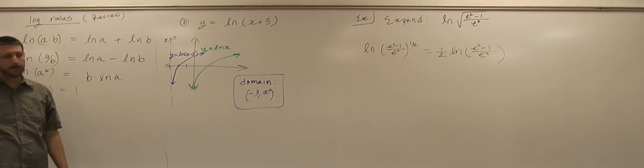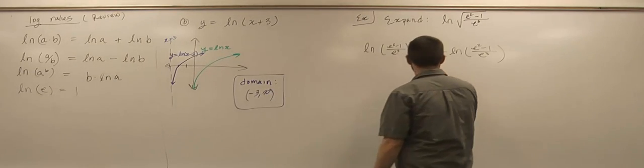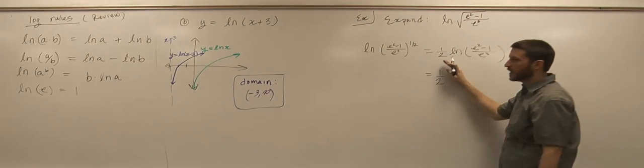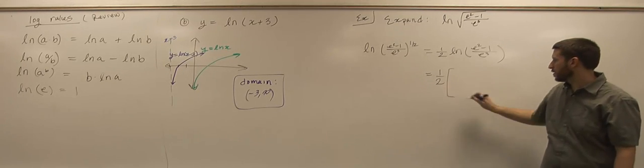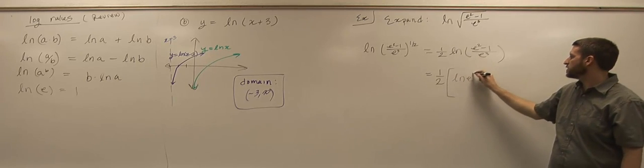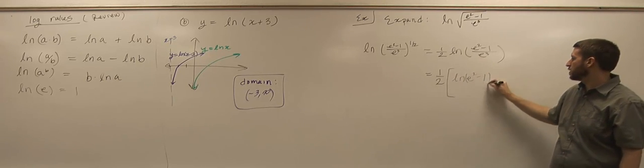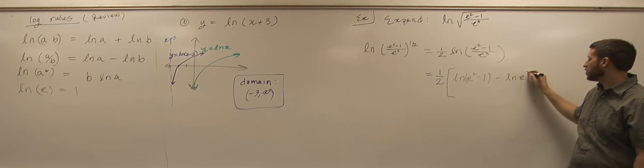And then what can you do? Turn the division into subtraction. Now be careful, the 1/2 has to get applied to the whole result. And so this will be ln of e squared minus 1 minus ln of e cubed.